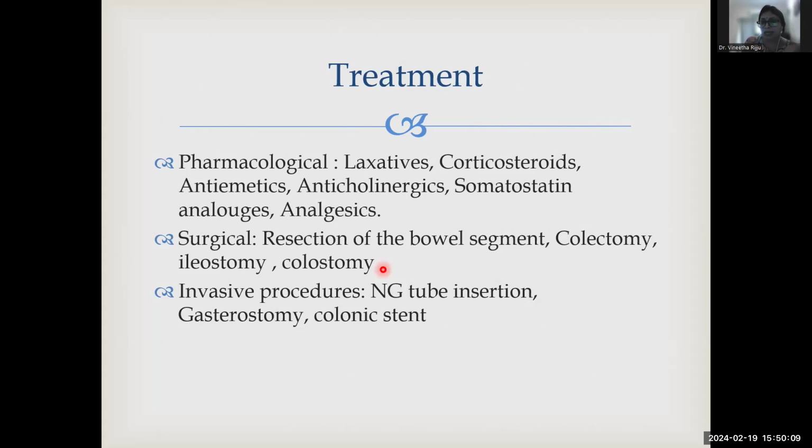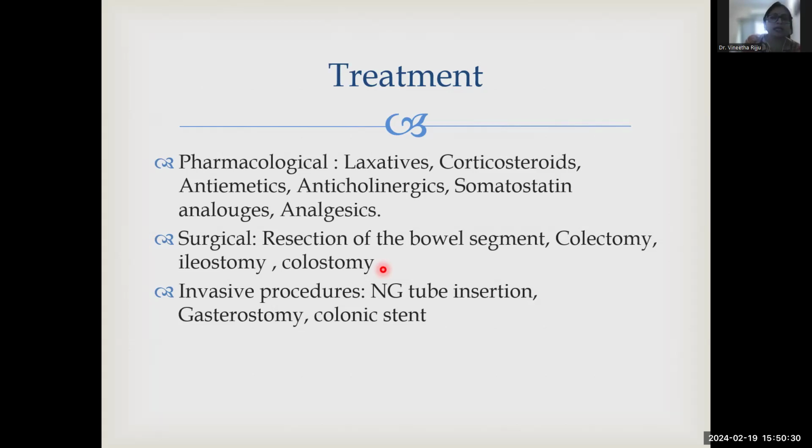Now, an ileostomy is very troublesome for the patient because there are always going to be a lot of secretions. The ileostomy bag keeps getting filled up all the time. It is not like a colostomy.